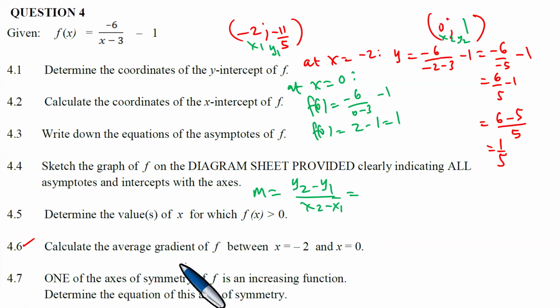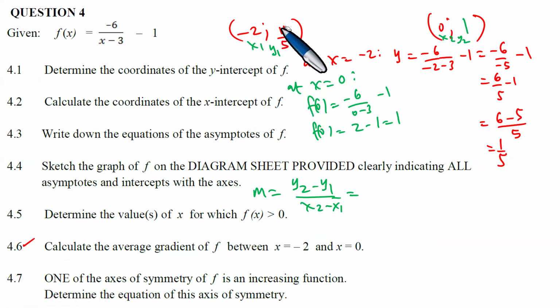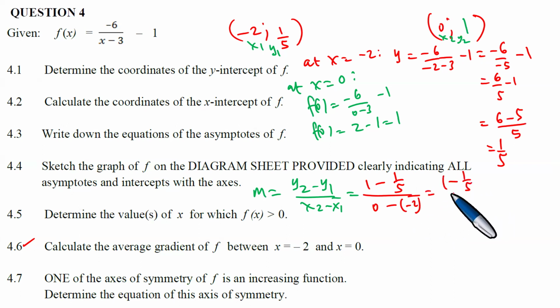Okay, because we want to find the average gradient, and average gradient is given by the formula y2 minus y1 over x2 minus x1. Right, so you come here, you remove this one, and this one is 1/5. y2 is 1, y1 is 1/5, x2 is 0, x1 is minus 2. 1 minus 1/5 divided by 2, which is 5 minus 1 out of 10.